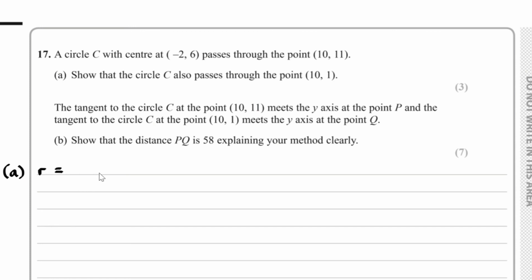The radius will equal the square root of 10 minus 2 squared plus 11 minus 6 squared.